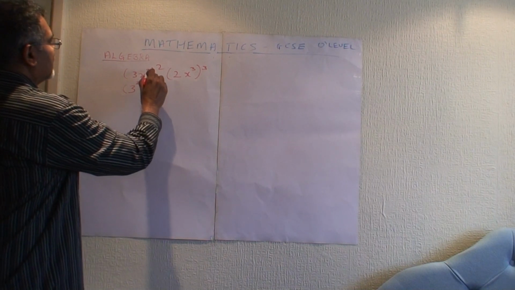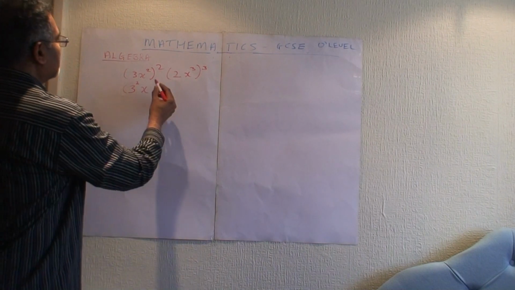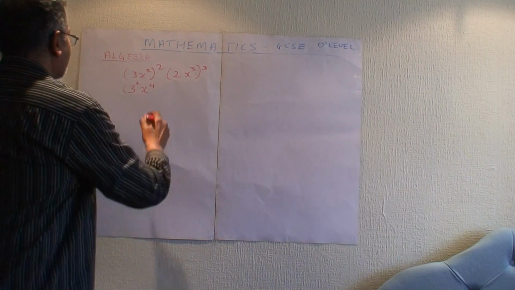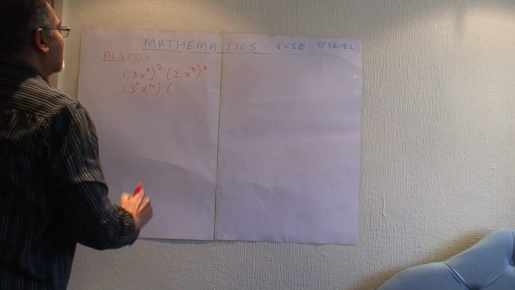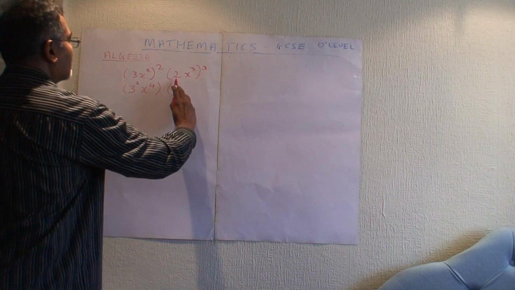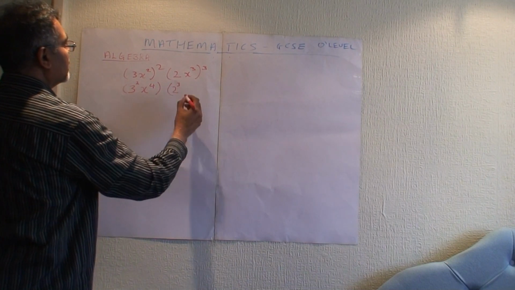And this x squared, because there's a power of 2, you have to multiply the powers, right? So it's x to the 4th power. Okay? Right? This 2 will be given the power of 3. Alright? So that's 2 to the 3rd power.